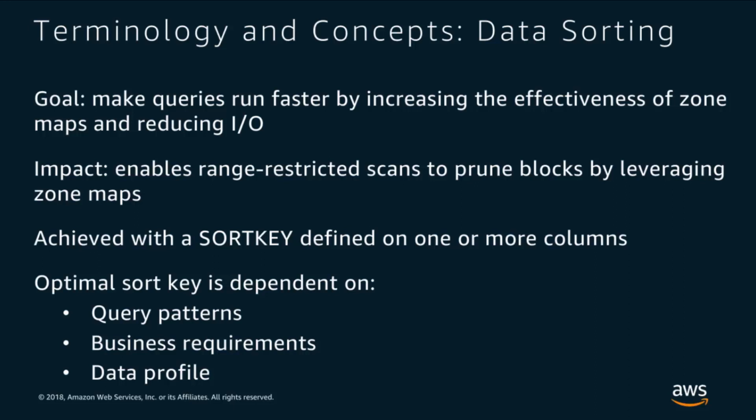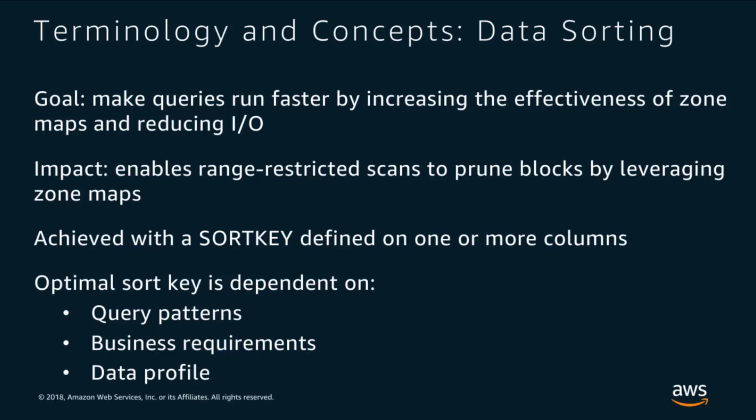The next piece of terminology is data sorting, which is really just the physical sorting of one of our tables. The reason we want to do this is to make the zone maps more effective, because if we sort the data in the blocks, it makes the pruning much more effective. We can only pick one way to sort a table.